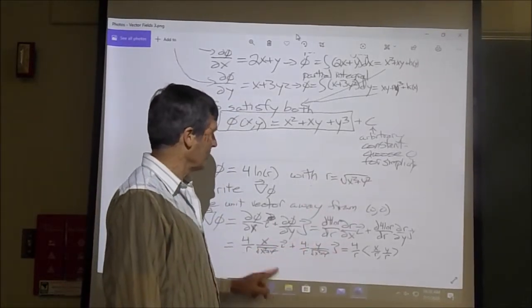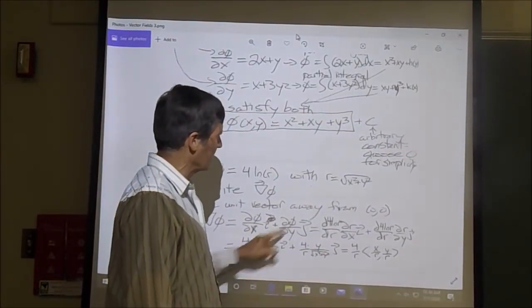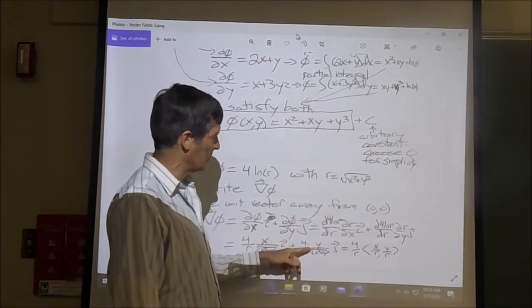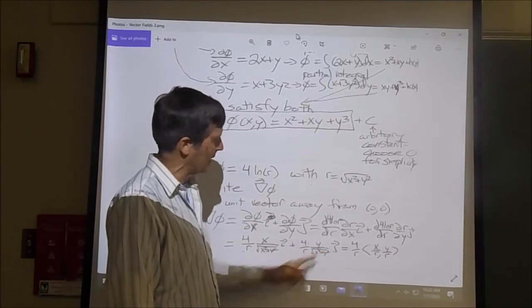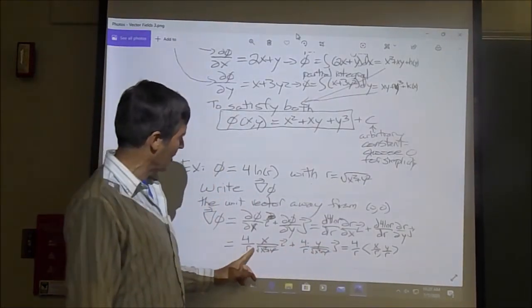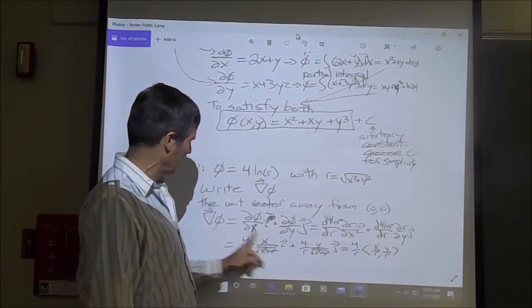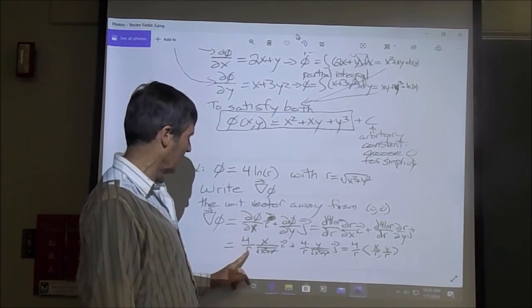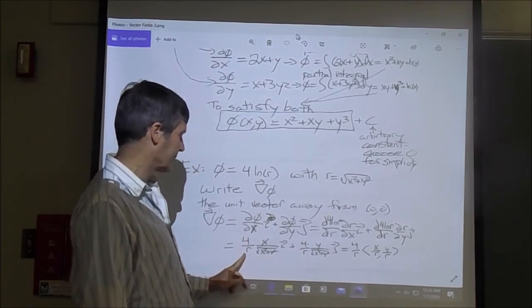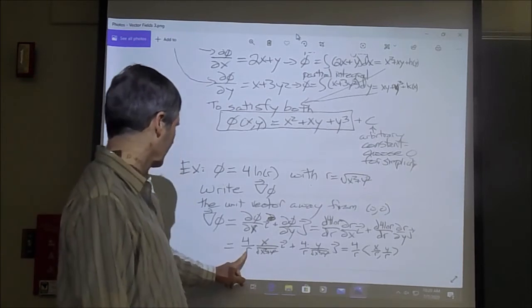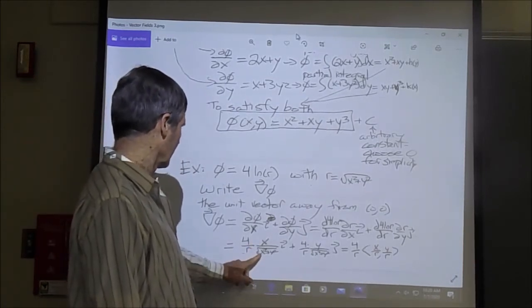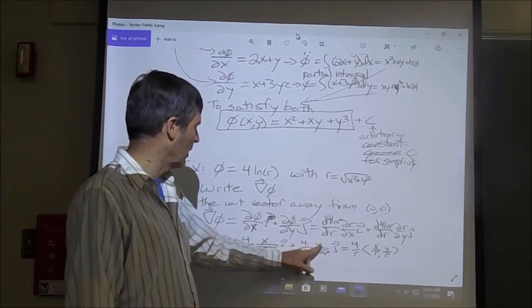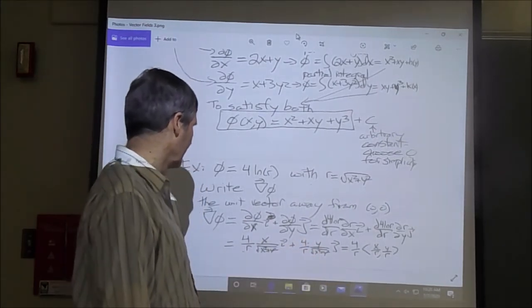And then one nice thing here is, since it's symmetric in x and y, the partial derivative with respect to y is immediately the same thing, just interchange x and y: y over square root x squared plus y squared. And so here's the gradient, 4x over r squared and 4y over r squared.